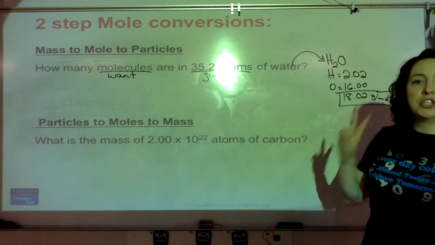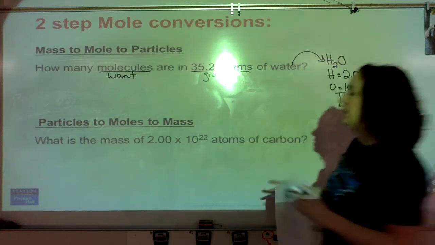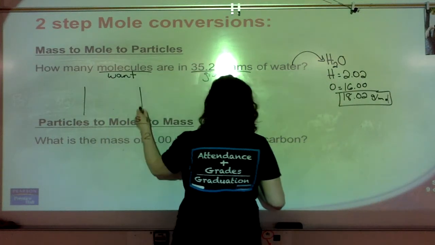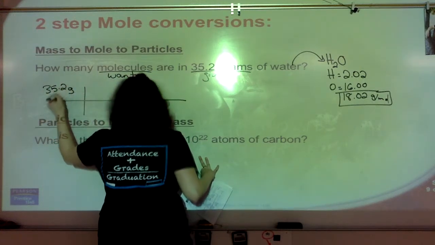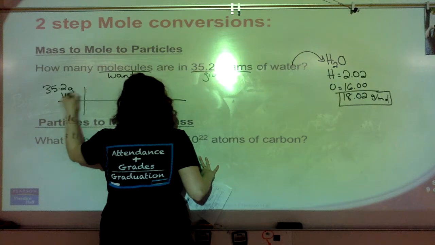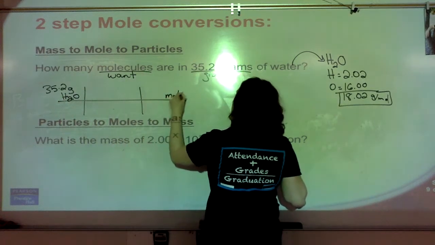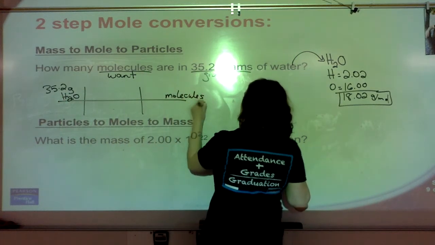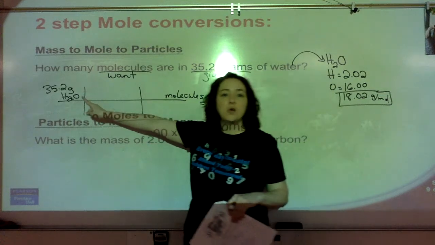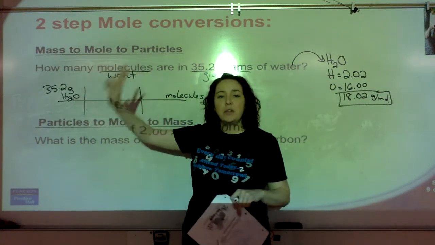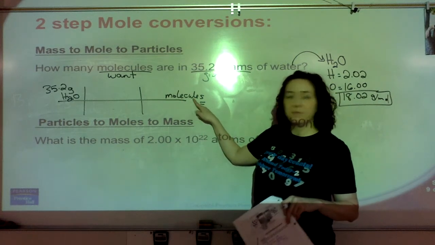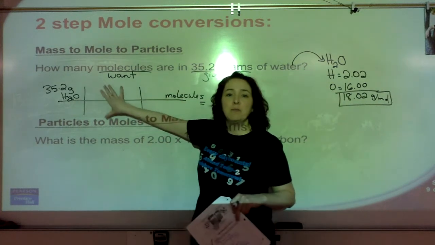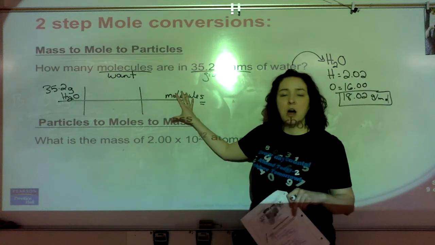Okay, I'm going to go ahead and set up my two-stepper picket fence. All right, so the given goes in the same spot, only now in the two-stepper, our want gets to the very end of the row, okay? So we need to go from grams to moles, and then moles to molecules.